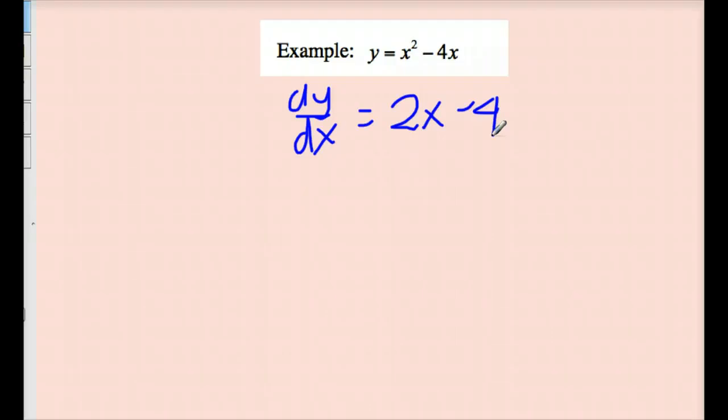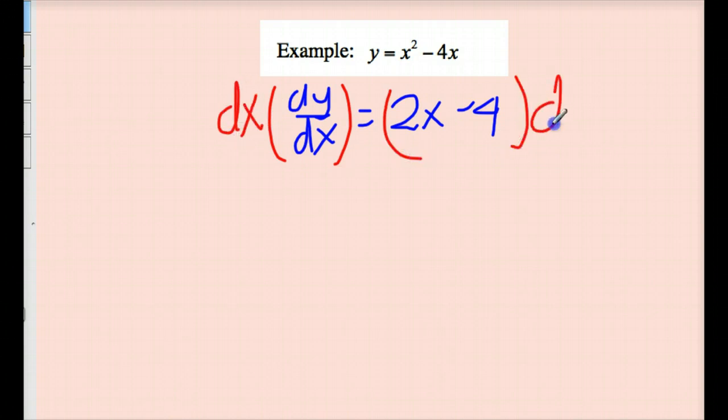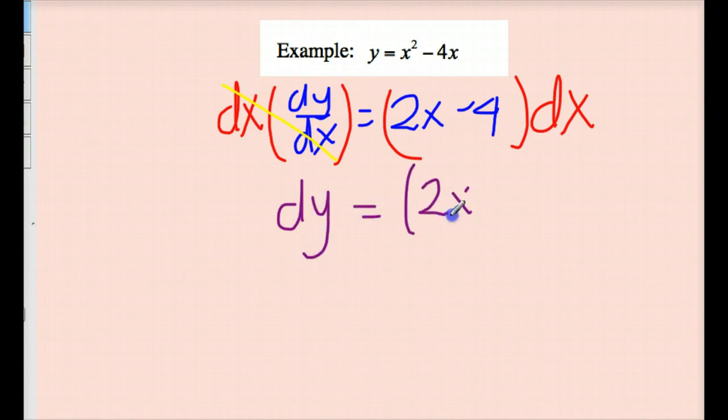You have to be able to undo that derivative. So we're going to do some algebra. If you notice, I have x's and y's on the same side. I'm going to want to move all my variables so they are on the same side. If I do this, my dx's cancel, and I end up with a dy is equal to parentheses 2x minus 4 dx.